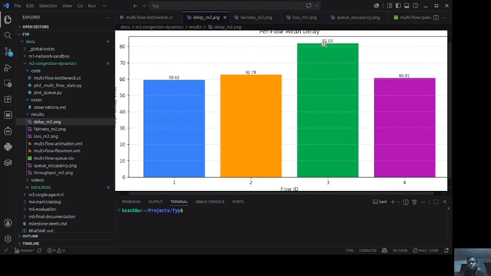Why? Well, that's because the CUBIC flows still fill the queue to its 100 packet limit most of the time, while BBR tries to probe for more bandwidth. Its packets tend to arrive right when the queue is already full, so they sit there longer and end up suffering from everyone else's buffer bloat.